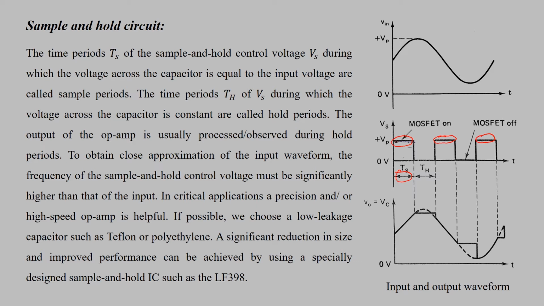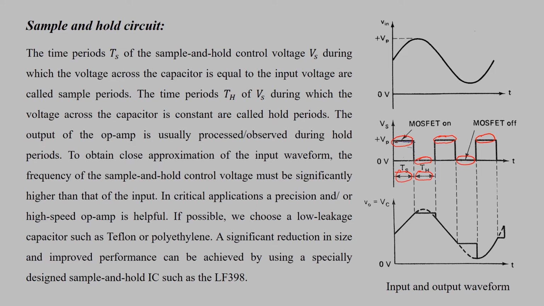The time period Th of Vs, during which the voltage across capacitor is constant, are called hold periods, and during these periods MOSFET is off. The output of op-amp is usually processed during hold period.